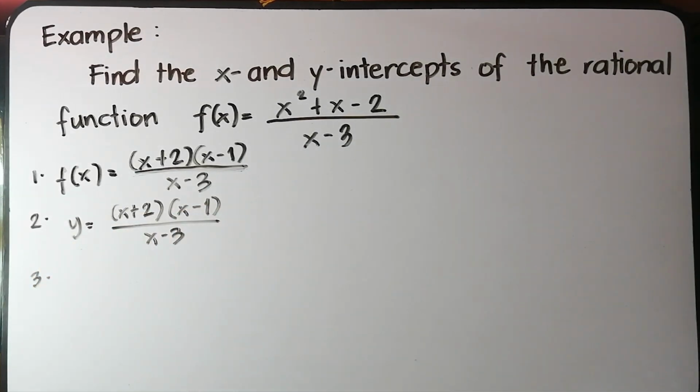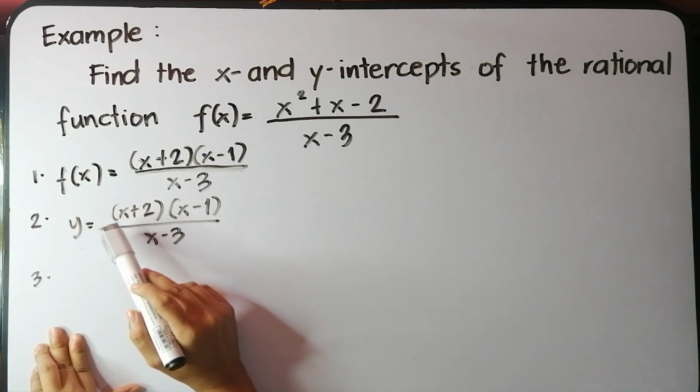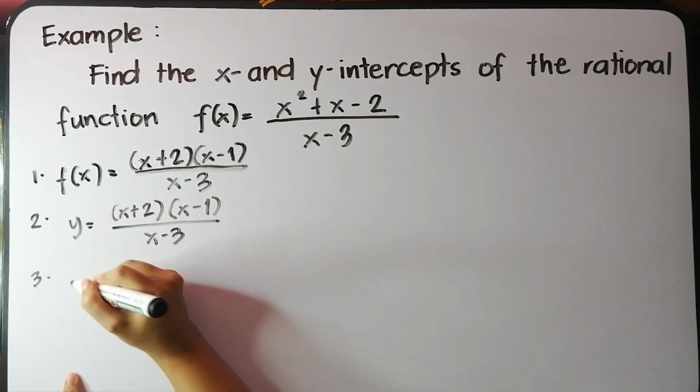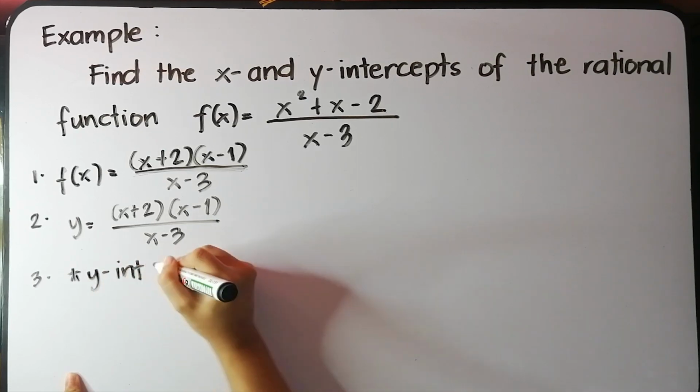What is the third step? Now we solve for the x and y-intercepts. First, the y-intercept: we substitute 0 as the value of x.